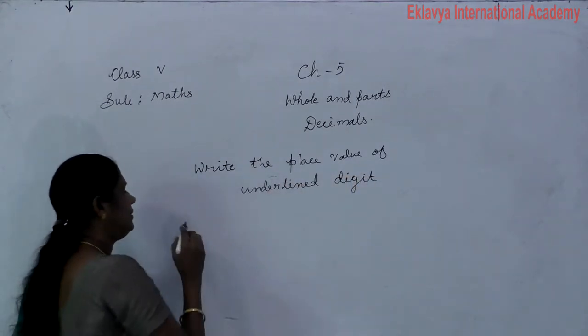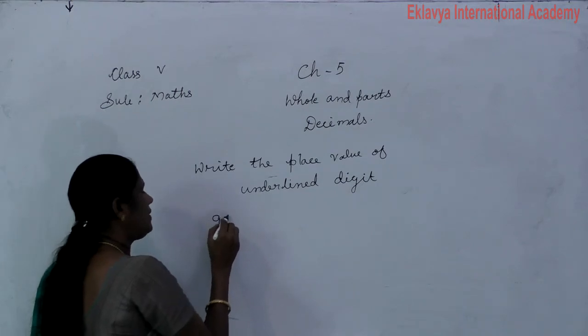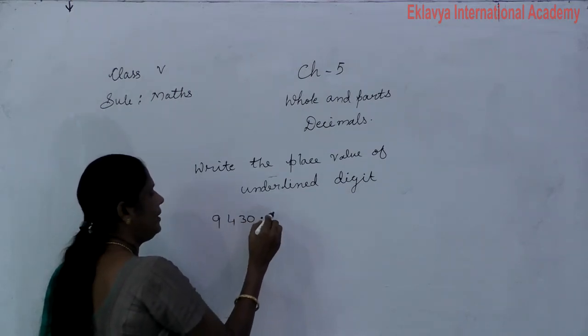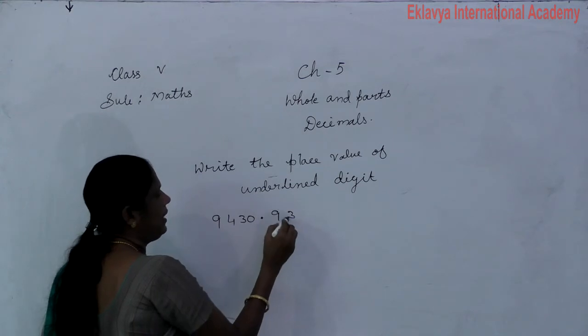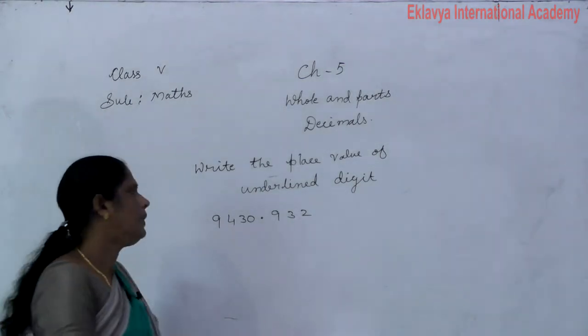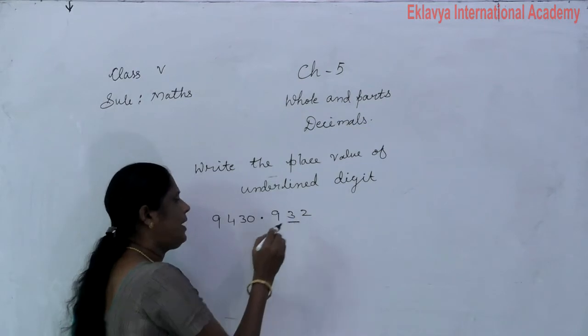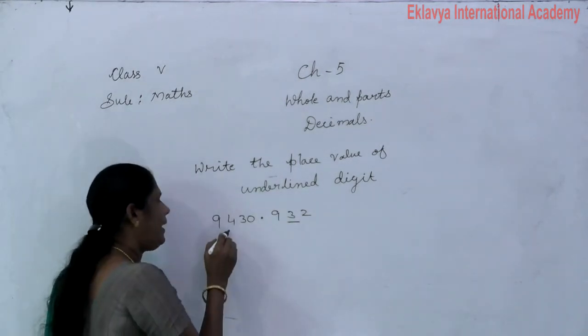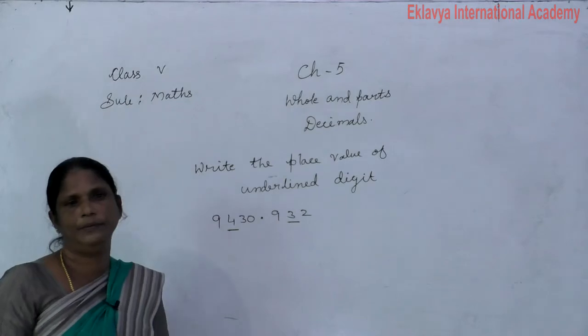Look here, 9430.932. I underline 3, and here I also underline 4.